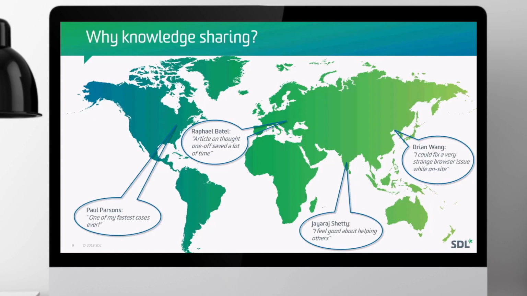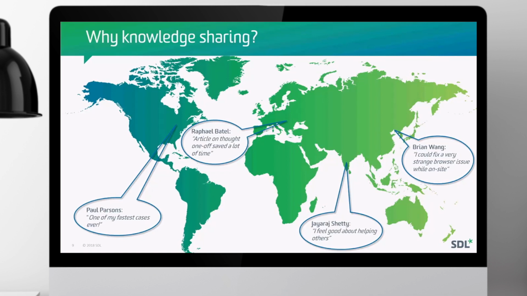And it's not only for you that it can be useful, but also for people around the globe in other teams that run into the same issue. It may even be a different version or slightly different environment, but at least it can give clues on where to find the answer, how to troubleshoot, where to search for the solution.